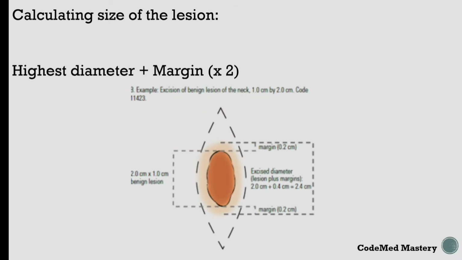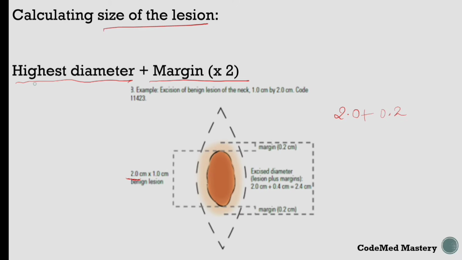Next, let us calculate the size of the lesion. The lesion size is calculated as highest diameter plus margin into 2. You have to multiply the margin 2 times. So, you can see here the diameter of this lesion is 2 cm and the margins are 0.2 cm.